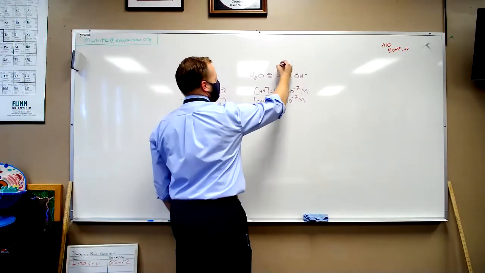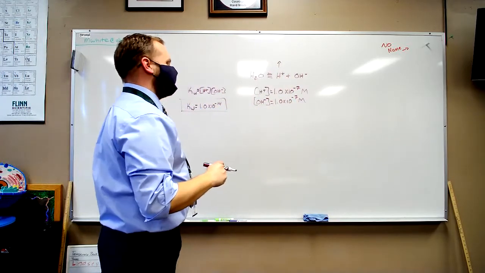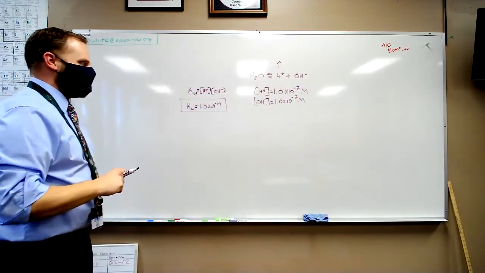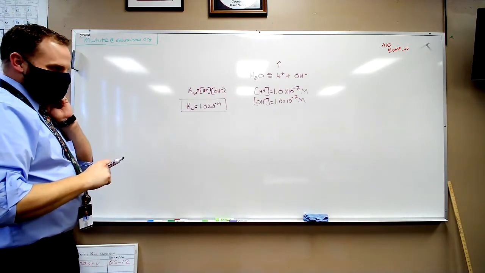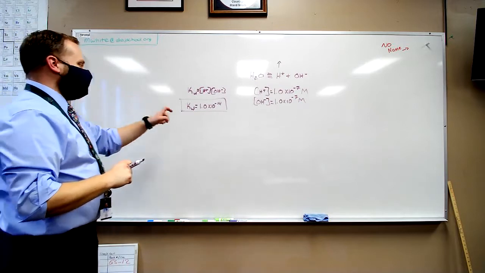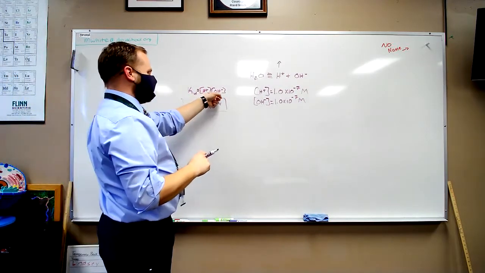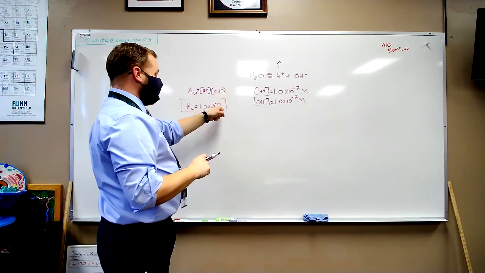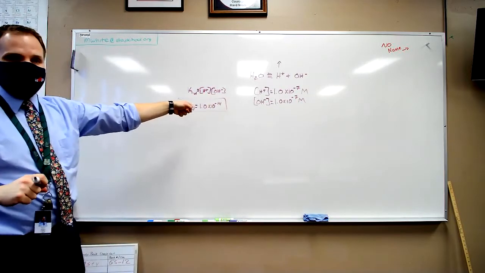Well, it raises the amount of hydrogen ions. Okay. But we know that KW, when you multiply the concentration of hydrogen ions and hydroxide ions, is going to equal this number, 1 times 10 to the minus 14.